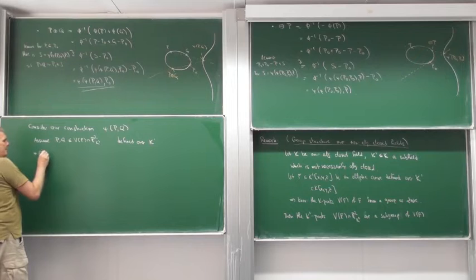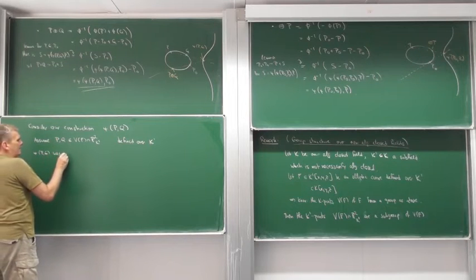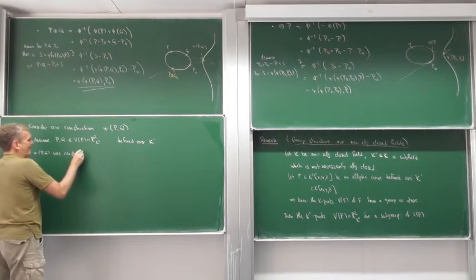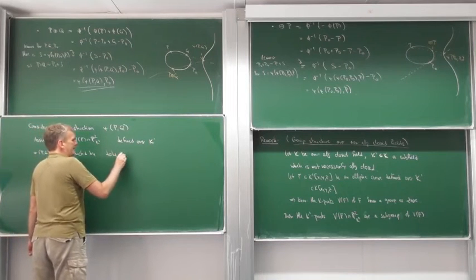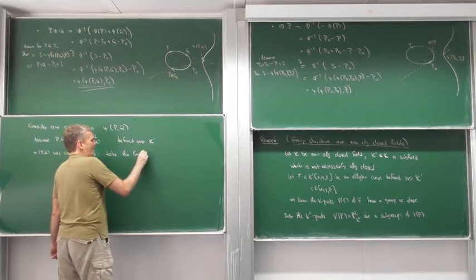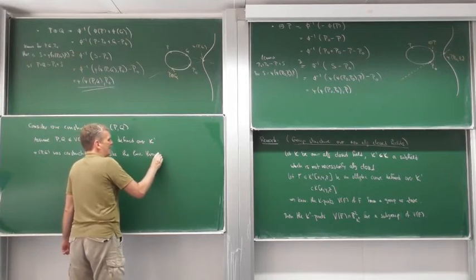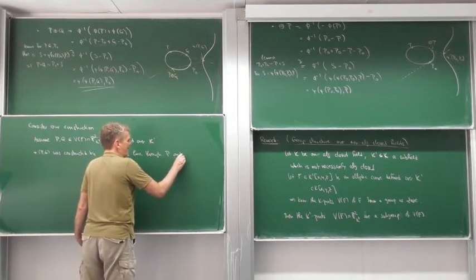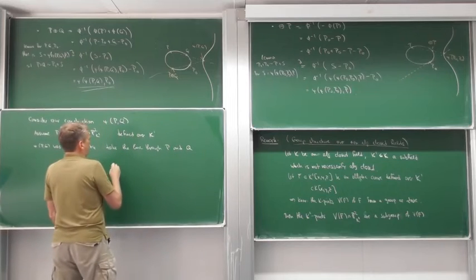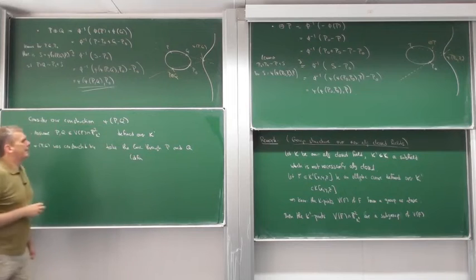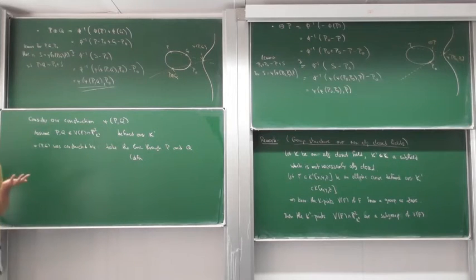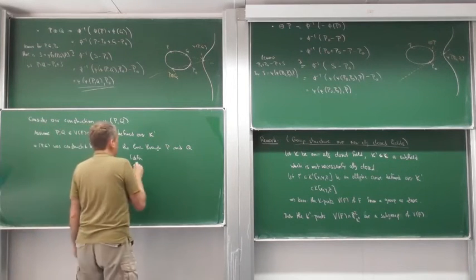Then apply psi: it was constructed by taking the line through P and Q. As P and Q are defined over K prime, the equation for the line will be defined over K prime.